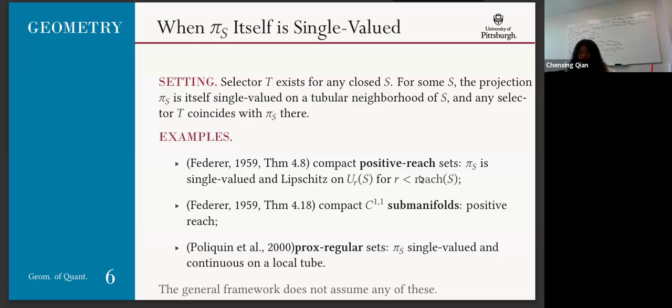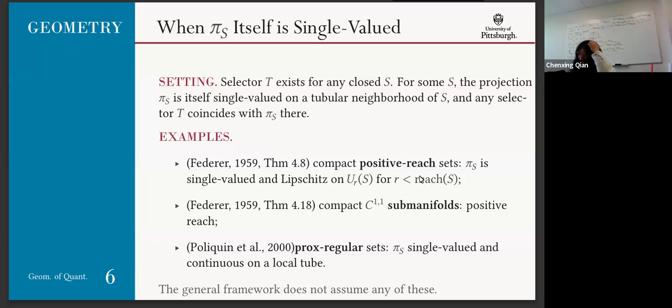A more flexible case here is the prox-regular sets. Local prox-regularity means that near the set, every nearby point has a unique projection onto S, and equivalently, it satisfies a uniform exterior ball condition along the proximal normal direction.